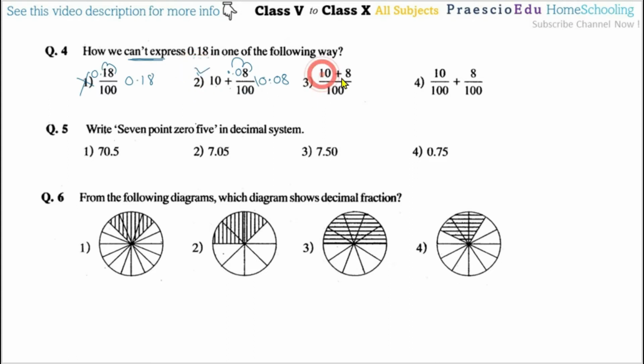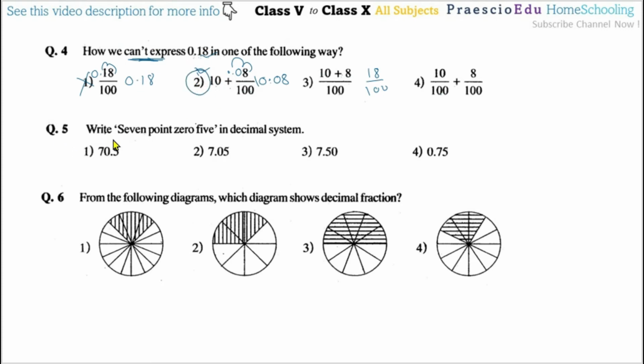Option number 3, 10 plus 8 by 100, yes, 10 plus 8 means 18 by 100, yes, it can be. And 10 by 100 plus 8 by 100, yes, this also can express 0.18, but we require cannot express, so option number 2 is correct.